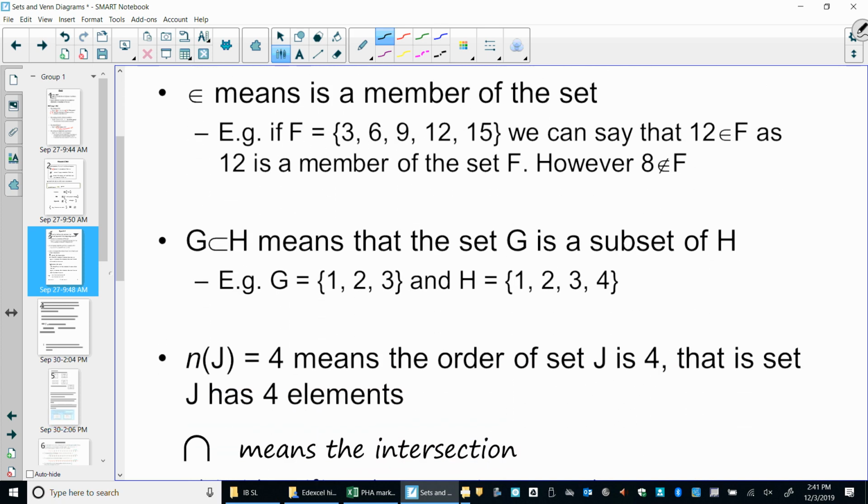This other symbol is not used so often, but it may come up. It means there's a subset. If G was the set 1, 2, and 3, and H was the set 1, 2, 3, and 4, then G is a subset of H, because this group completely goes inside this group. Does that make sense?